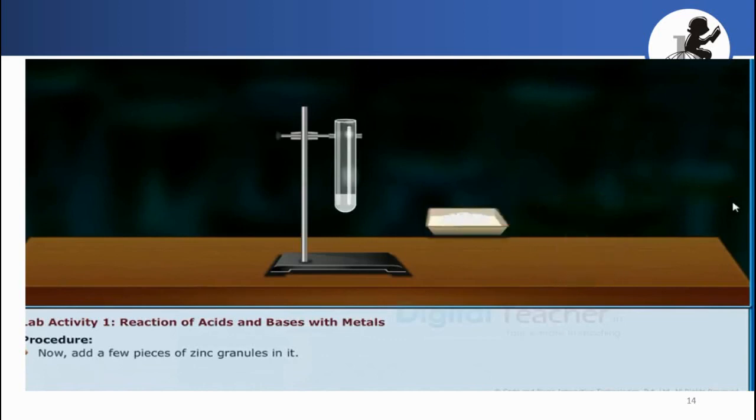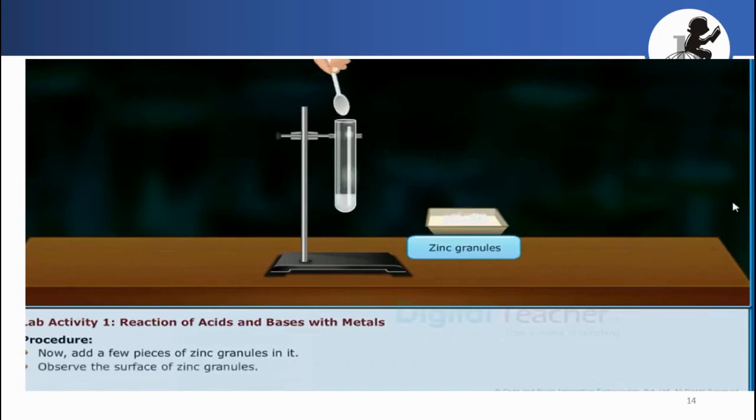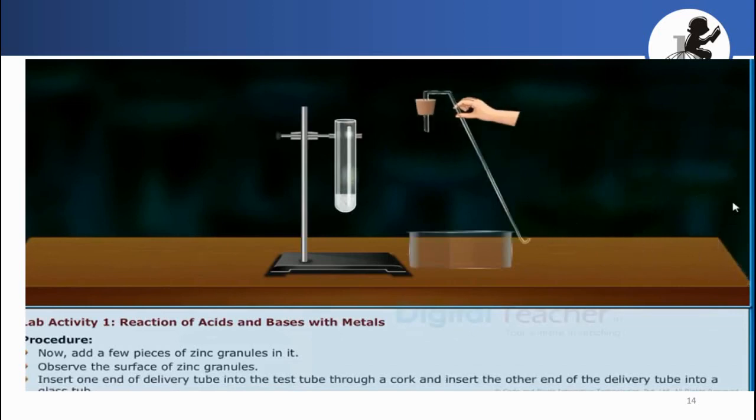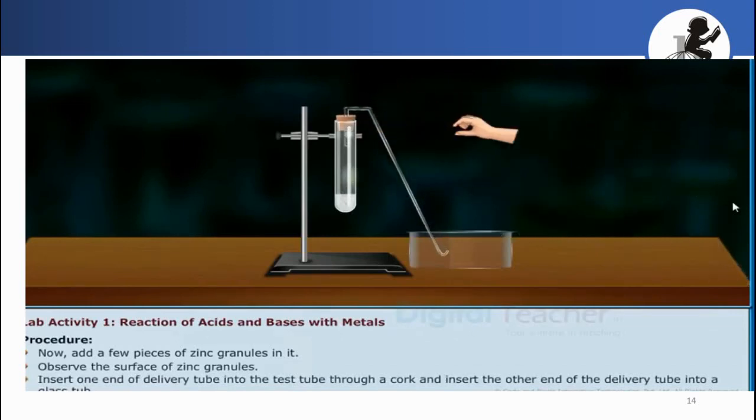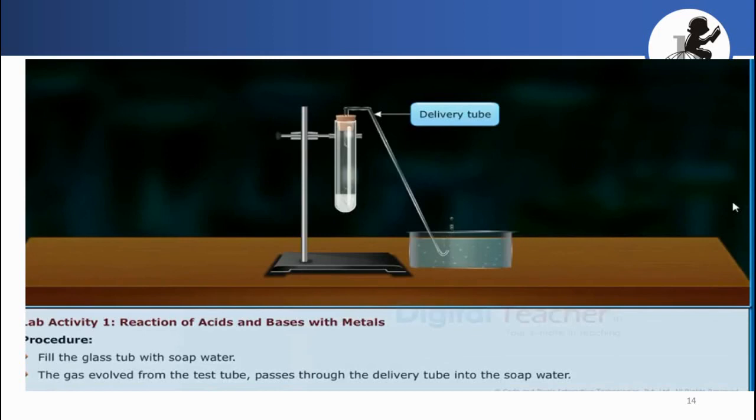Add a few grams of zinc granules to the test tube. This test tube is closed with a rubber cork and it is connected to the delivery tube. The other end of the delivery tube is fixed in the soap water. Okay, this is the experimental arrangement.